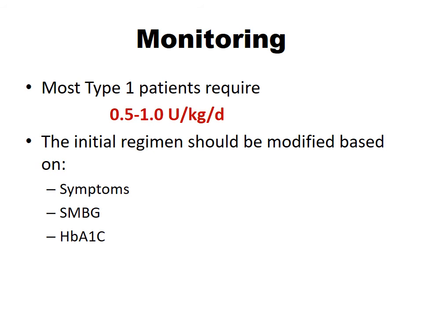How to monitor the blood glucose level. Most type 1 patients require 0.5 to 1 units per kilogram per day. The initial symptoms that can be recorded and the tests that can be done include: first, monitoring of the diabetes by monitoring the symptoms for each patient.